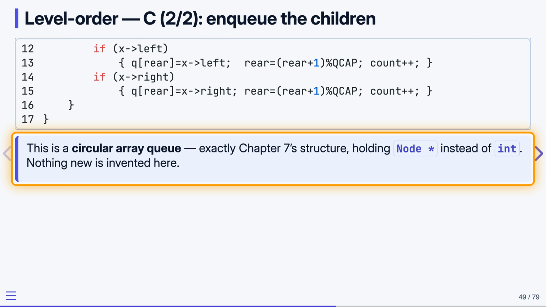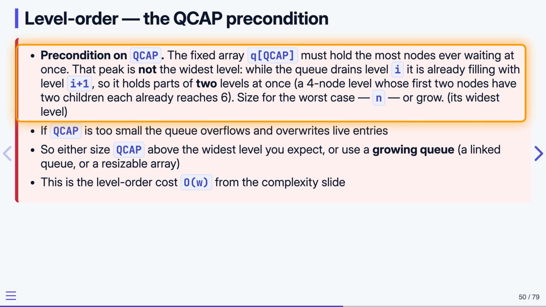There is one precondition on that fixed array, and it is easy to get wrong. QCAP must hold the most nodes that ever wait at once, and that peak is not the widest level. While the queue drains level I, it is already filling with level I plus 1, so it holds parts of 2 levels at the same time. A 4-node level whose first 2 nodes have 2 children each already reaches 6.